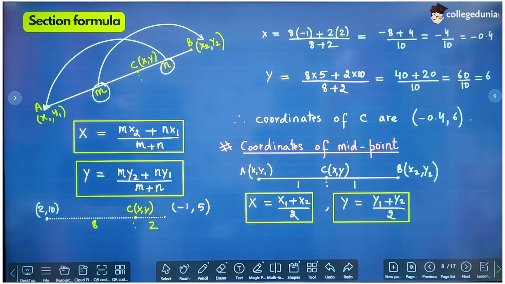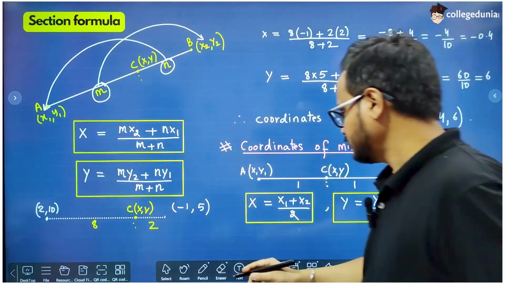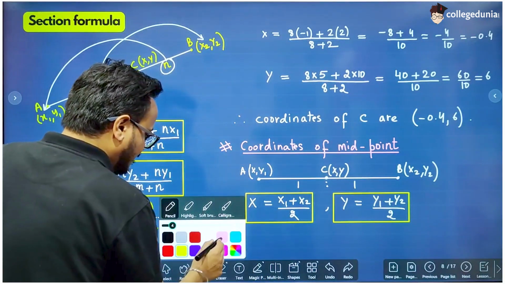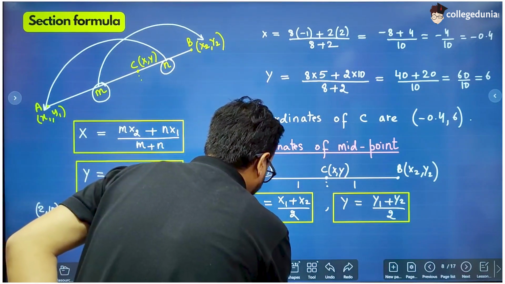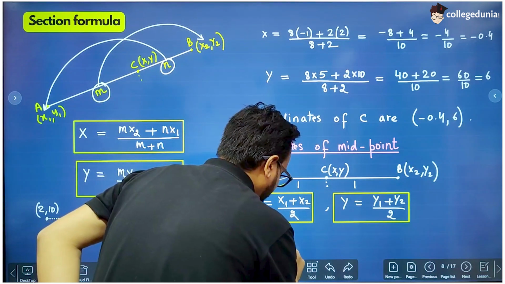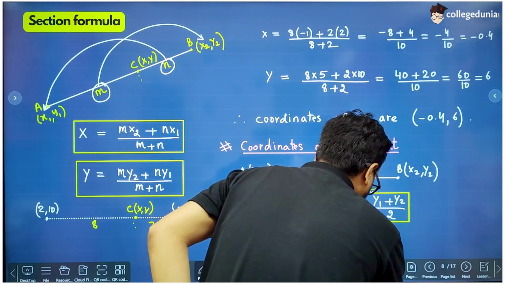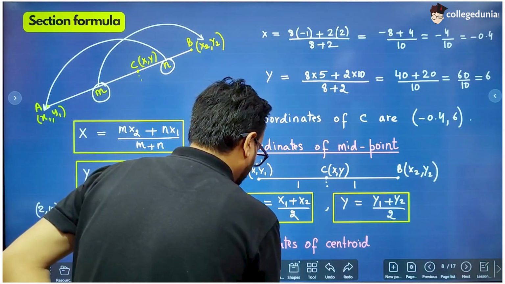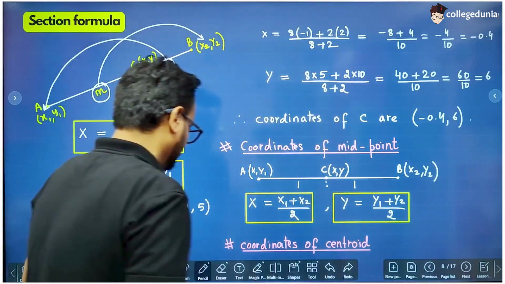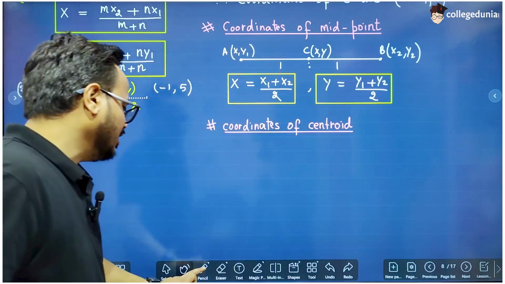And the second result is to find the coordinates of the centroid. What is a centroid? Coordinates of centroid.